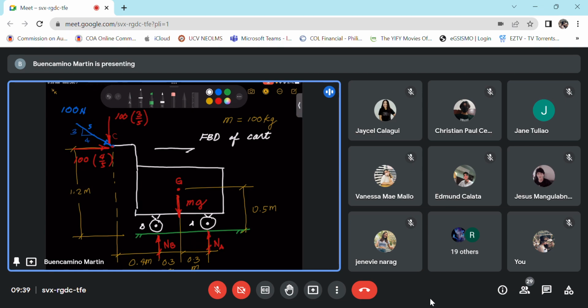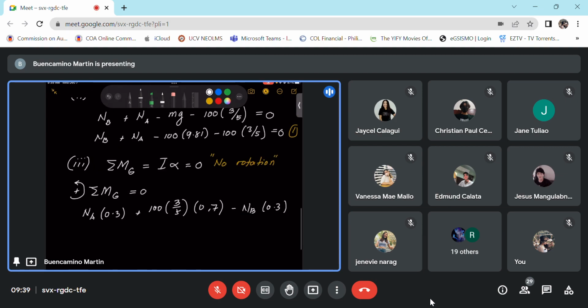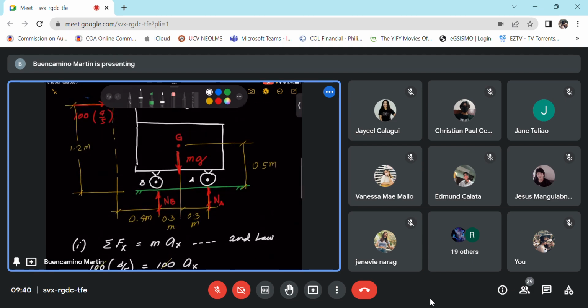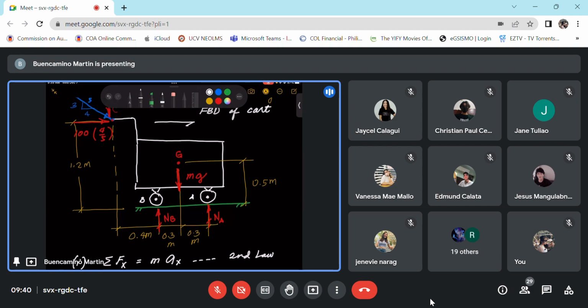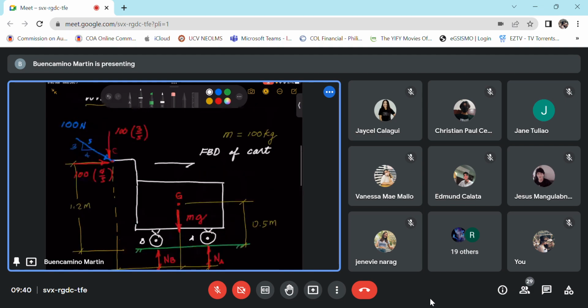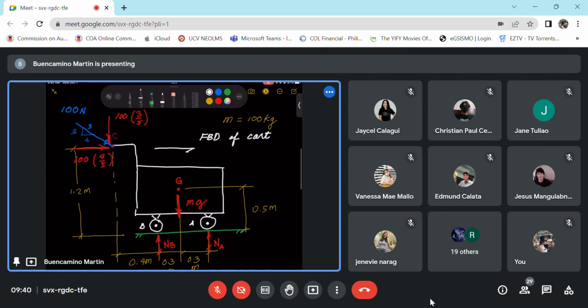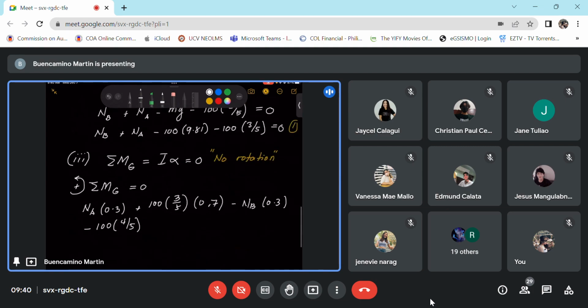Yung horizontal component force will also impart a negative moment. So we have the expression 100 times 4 all over 5. And its distance with respect to G would be, yung distance niya would be what? 1.2 minus 0.5, no?